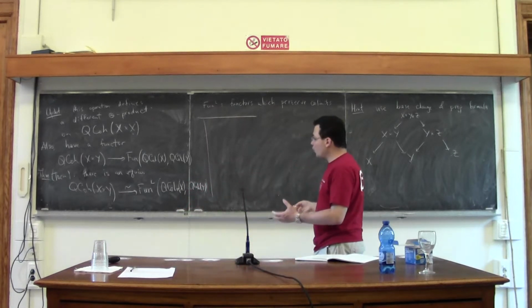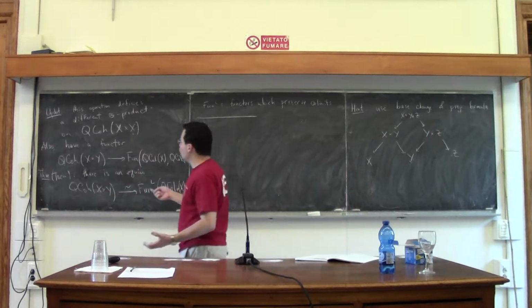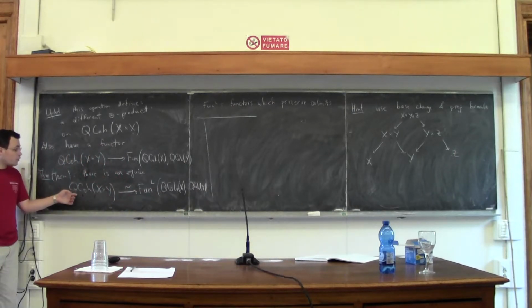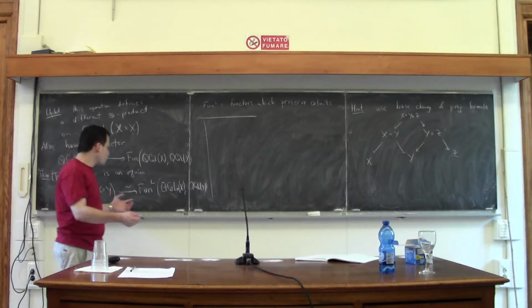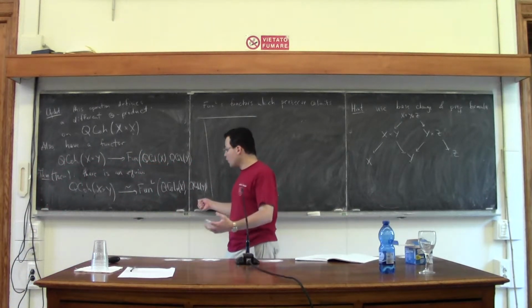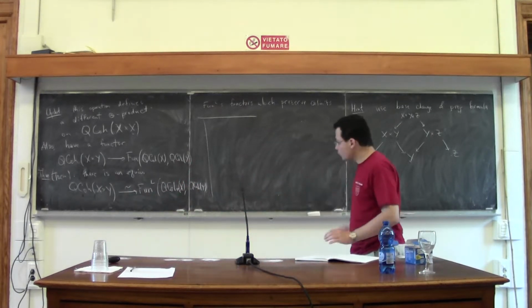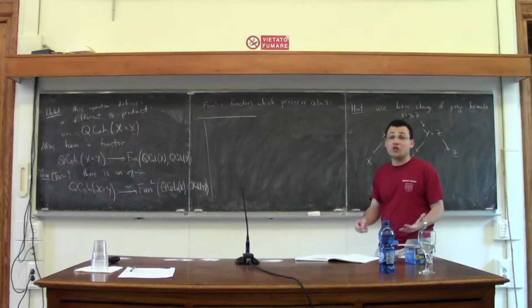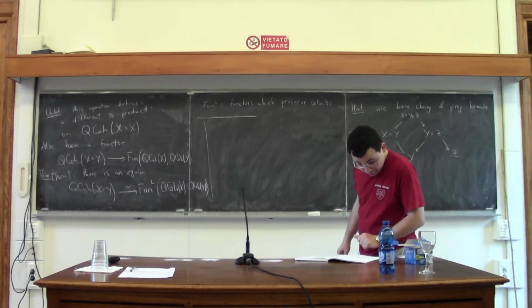Already this gives something interesting. One of the consequences of this theorem is that if we know the category of quasi-coherent sheaves on X and the category of quasi-coherent sheaves on Y, then we don't need to know anything else about X and Y to identify the category of quasi-coherent sheaves on their product. That's a nice statement relating the algebra and the geometry of the situation.